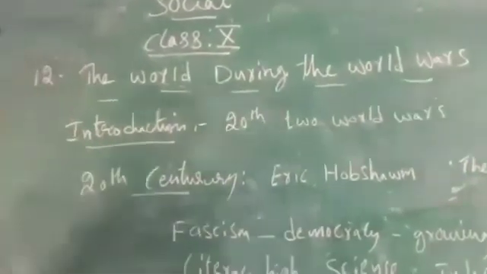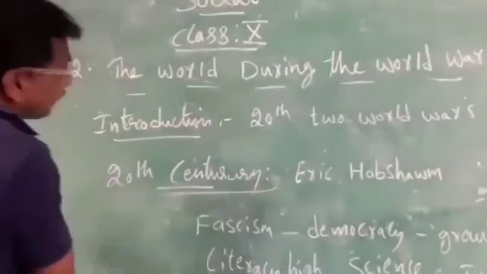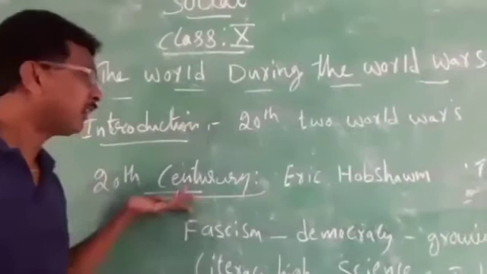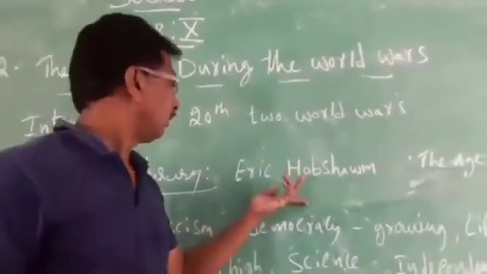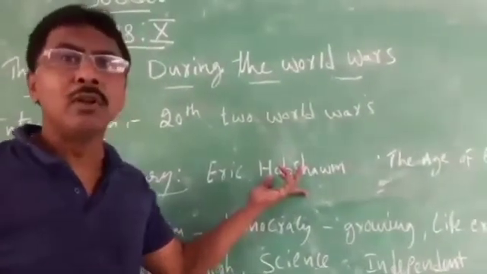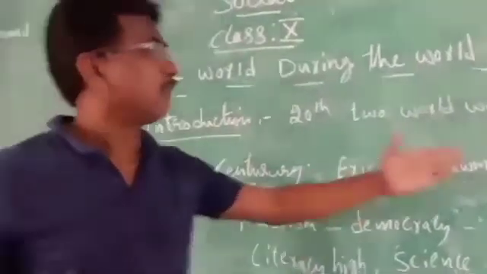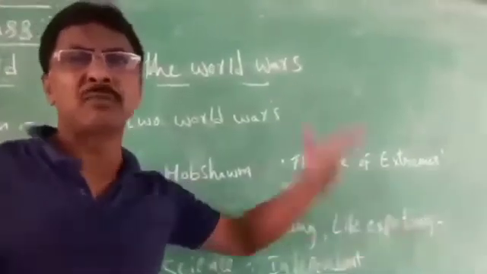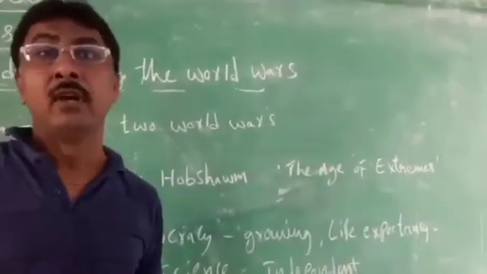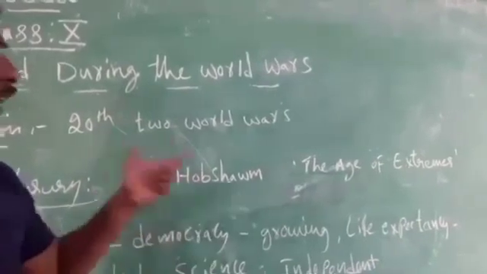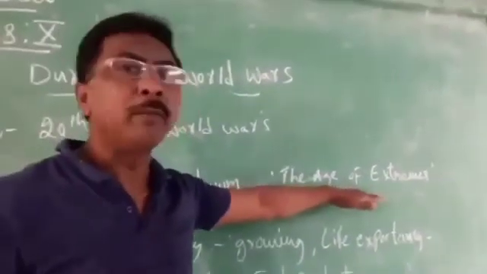Now I am going to tell you about the 20th century. One great person called Eric Hobsbawm said the 20th century is the age of extremes. For you, a fill-in-the-blank question will compulsorily come: the age of extremes was told by whom?